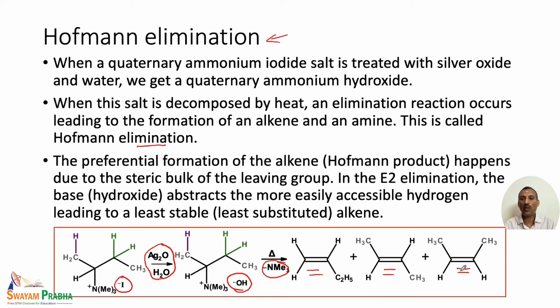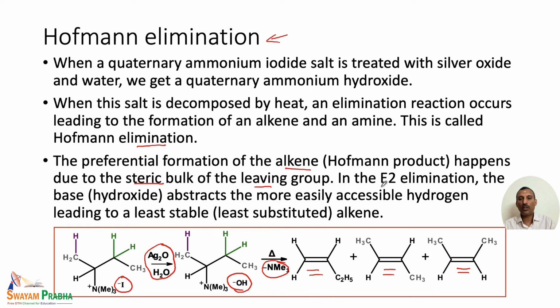This alkene formation is dependent on the substituents present in that particular compound. Here, the preferential formation of one of the alkenes, the Hofmann product, happens due to the steric bulk of the leaving group. Here the leaving group is the NMe3 group, which is a very bulky group. Because of the bulky nature of this group, the olefins formed are quite different stereochemically.